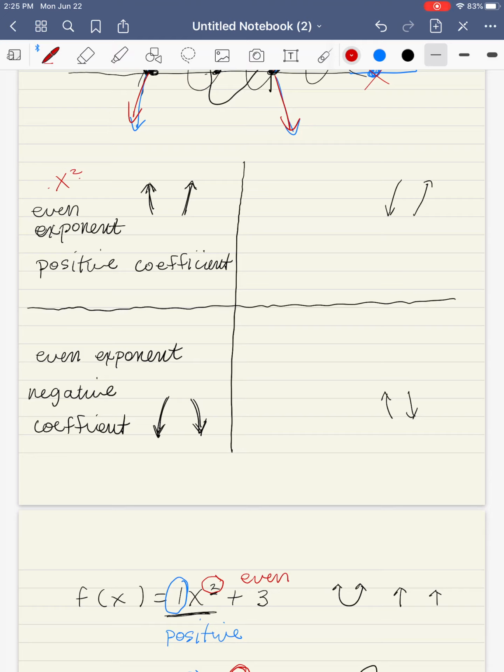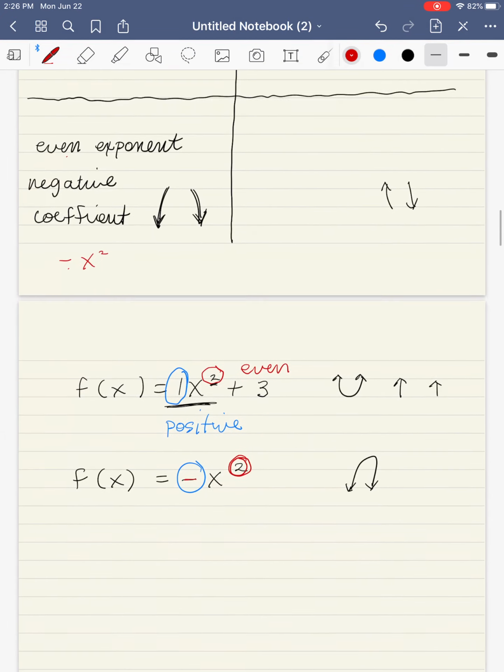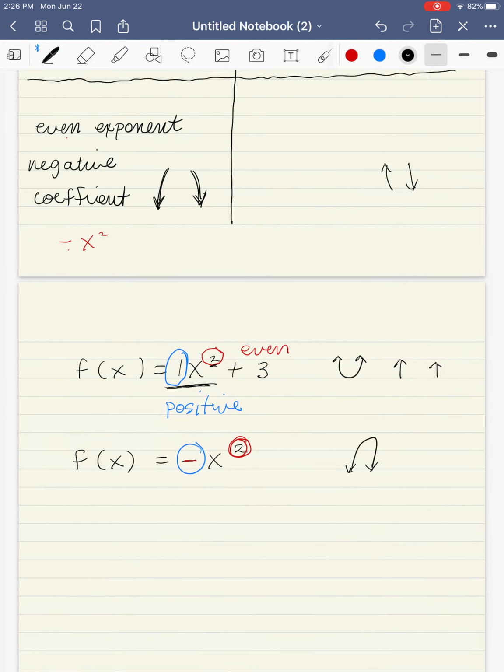To help you remember this, you can think about what x squared looks like: up to both sides, even exponent, positive coefficient. You can think about what negative x squared looks like: down to both sides, even exponent, negative coefficient. Let's think about what x cubed looks like. Remember, x cubed looks like this.